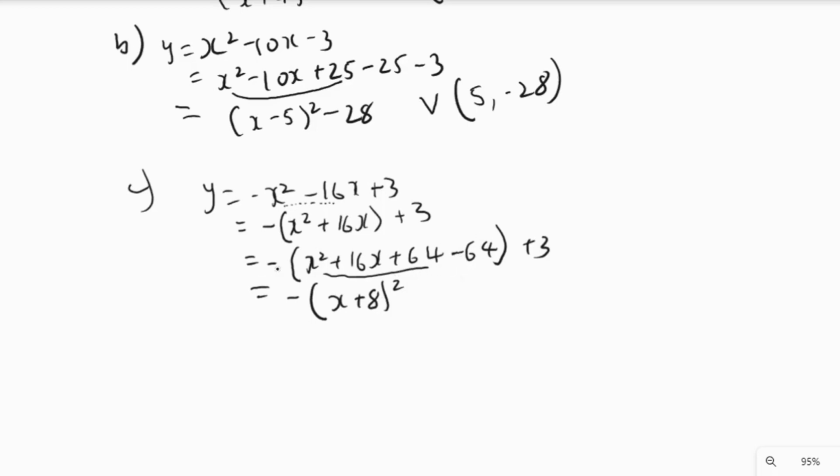So I must multiply this by the negative from outside. Negative times negative 64 is positive 64, plus 3, equal to negative (x plus 8) squared plus 67. The parabola opens down and the vertex is (negative 8, 67).